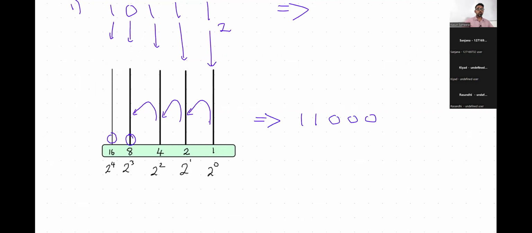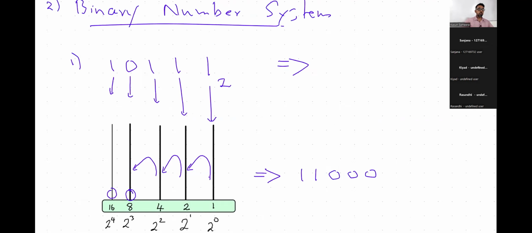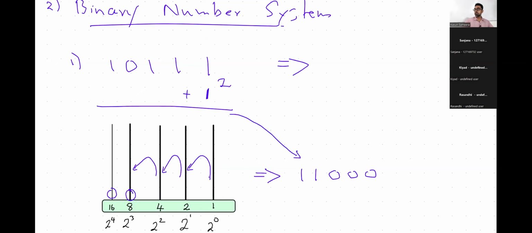Okay. That means when you add another 1 to this number, the answer you will get is this one. Got it? You don't need to learn how to add in this way.